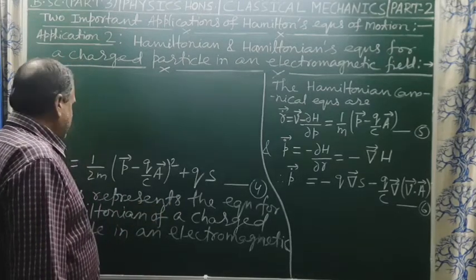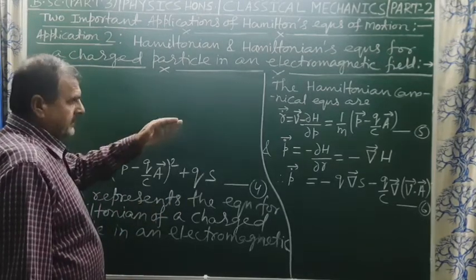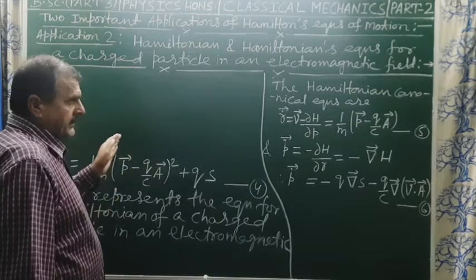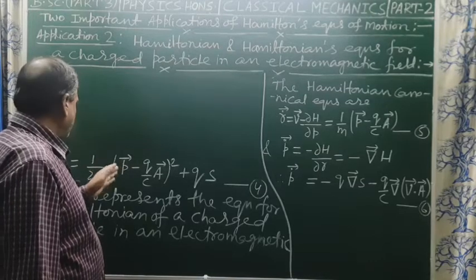So differentiating it with respect to p, we get r dot, that is velocity, which is one of Hamilton's canonical equations of motion.